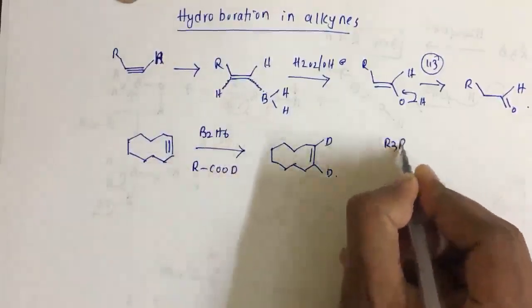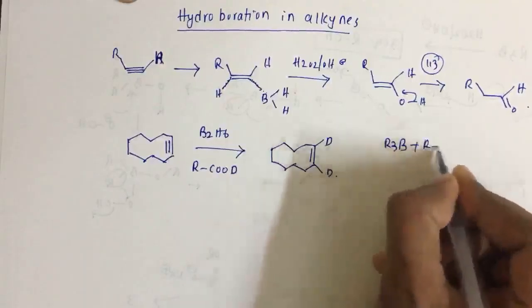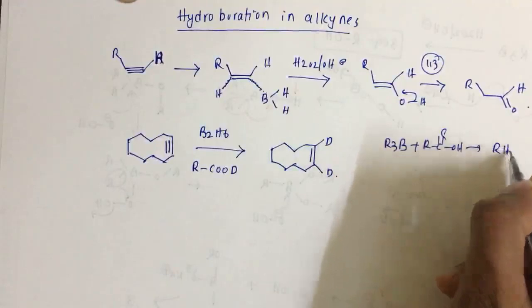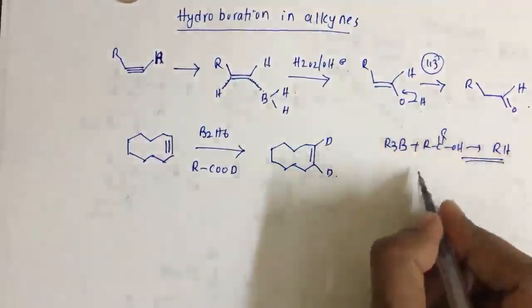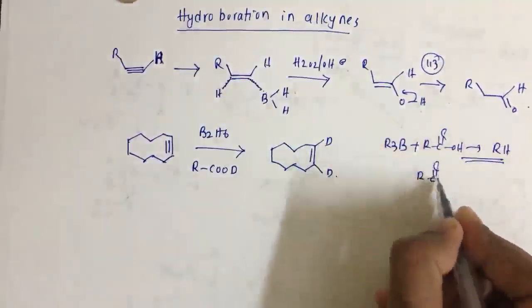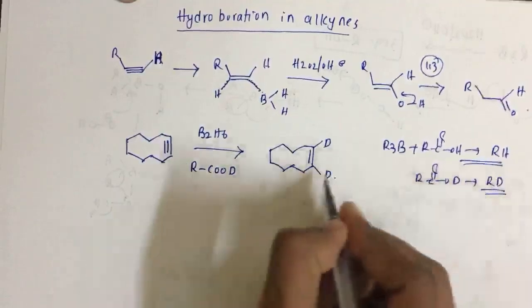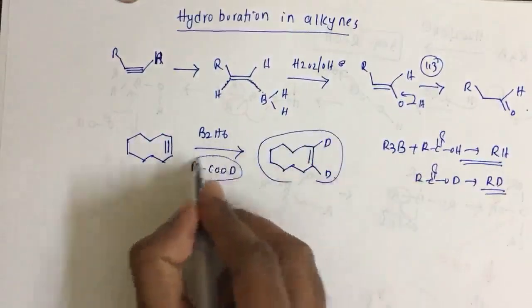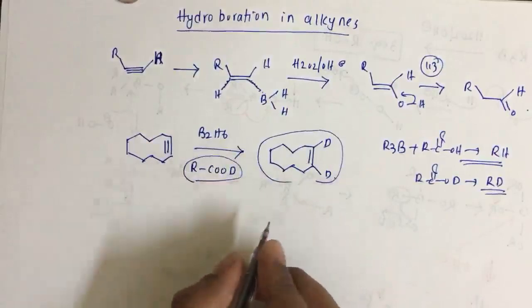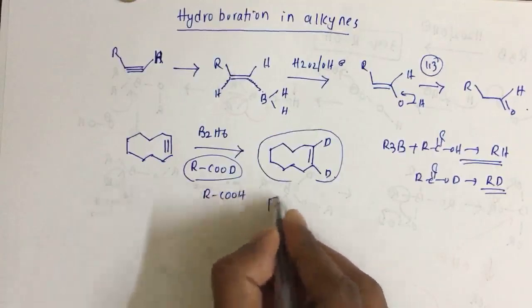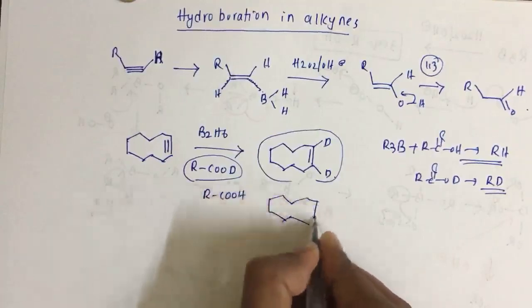When we treat trialkyl borane with carboxylic acids, we get hydrocarbons. So if you treat this one with deuterated carboxylic acid, you will get a deuterated hydrocarbon. Here they have taken a deuterated carboxylic acid. If you take normal carboxylic acid, you will get this product.